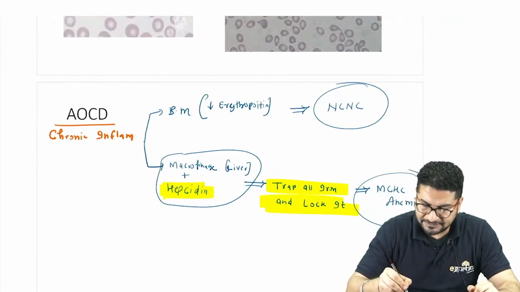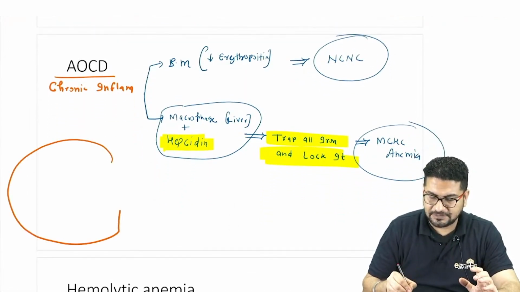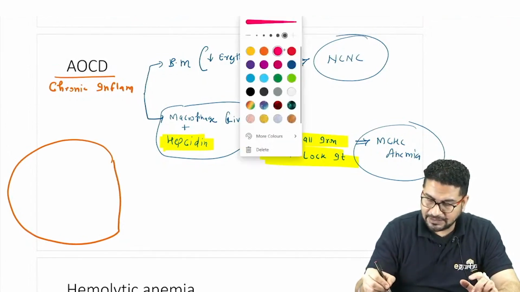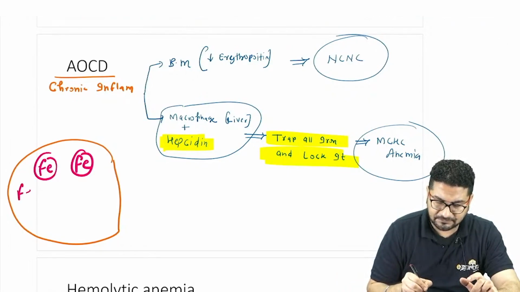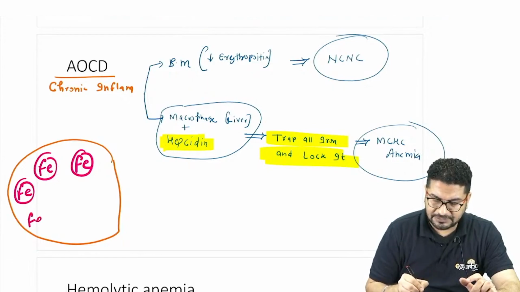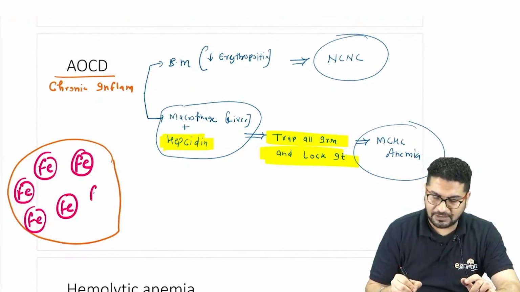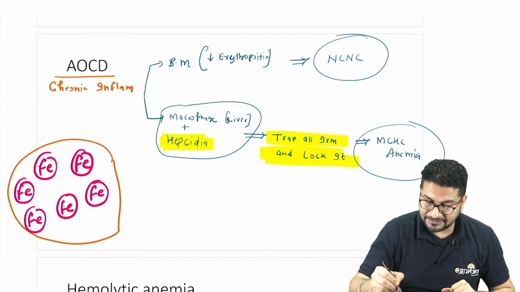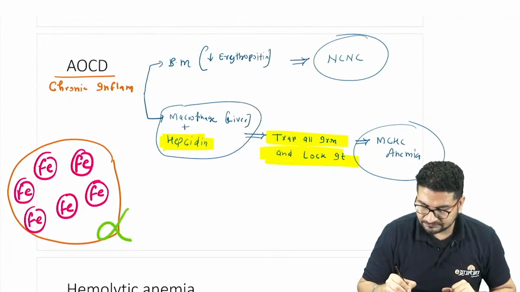Let me give you an example. Suppose this is your liver, and all the iron is going into store. Why do we store things? We store things so that we can utilize them. But suppose you are a shopkeeper storing goods, then suddenly the government imposes a lockdown.